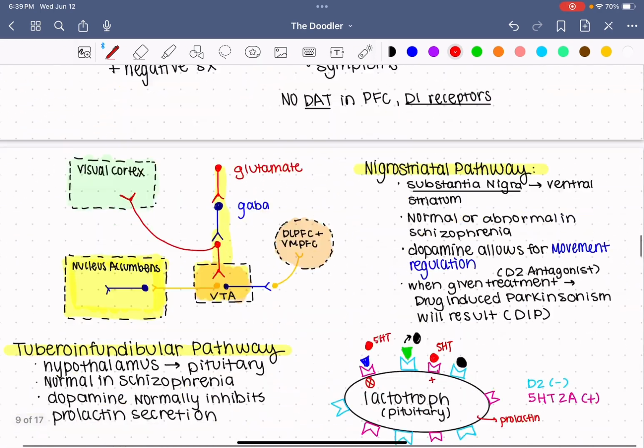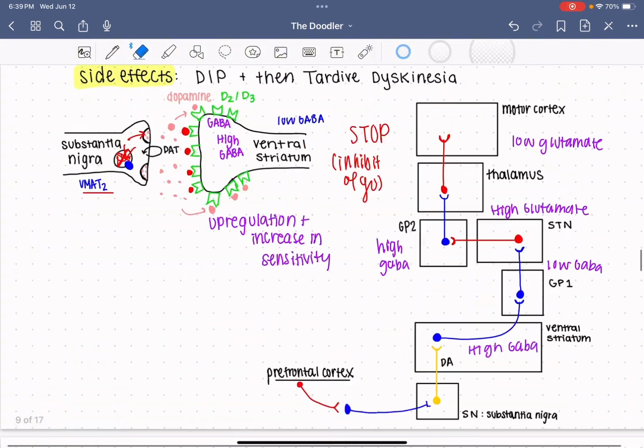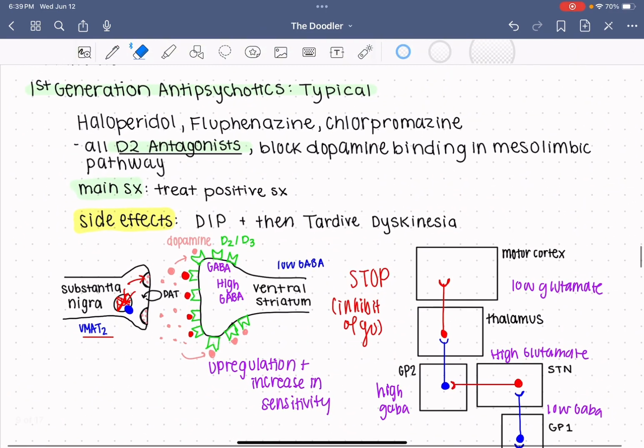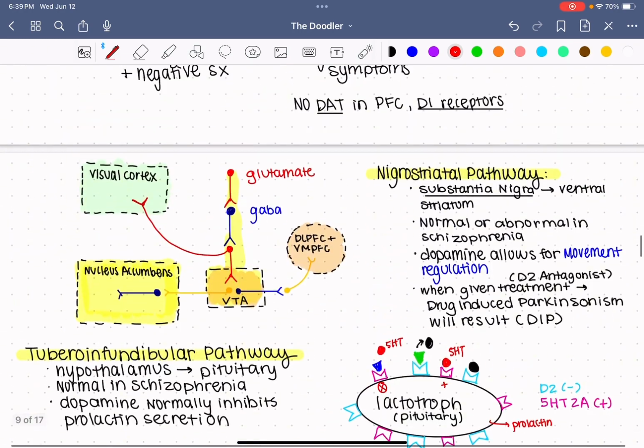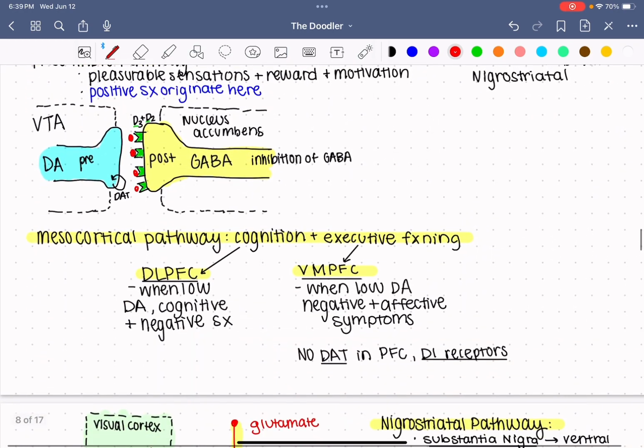However, a drawback to these types of medications is that, as I said before, it's not limited to the mesolimbic pathway. So we're also going to be blocking dopamine in other areas of the brain. And as stated, the mesocortical pathway loves dopamine. This pathway doesn't have any dopamine reuptake pumps.